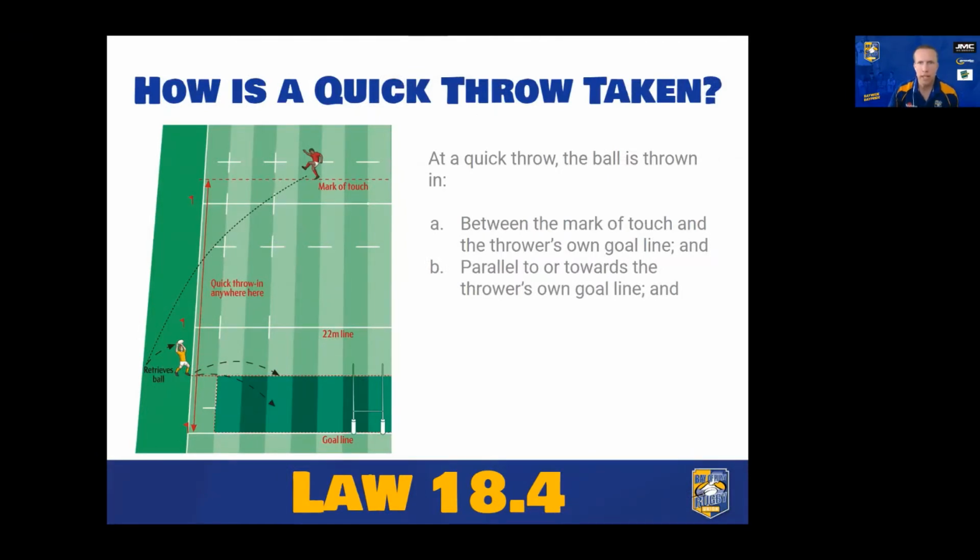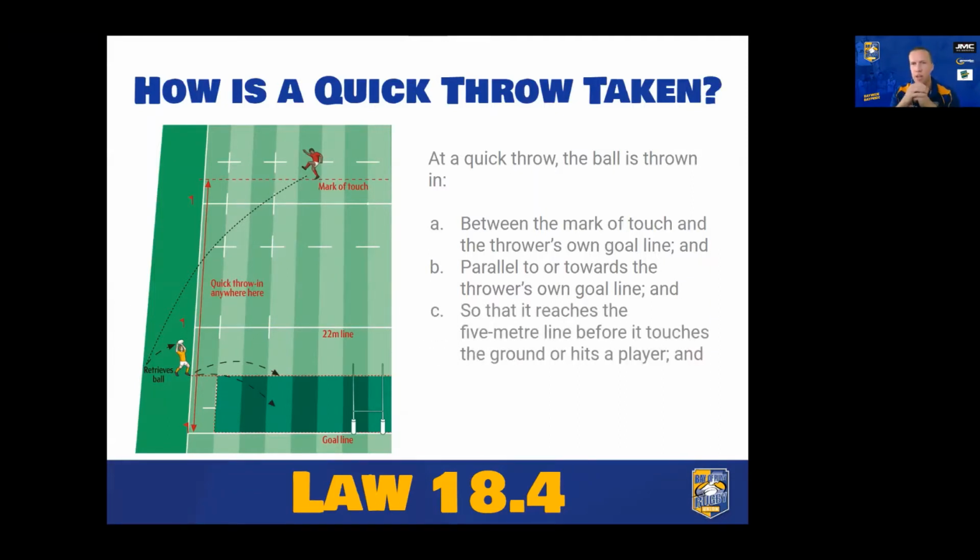So, a quick throw is taken between the mark of touch and the player's own goal line. It gets to go backwards or parallel to their own goal line as well, and travel 5 meters. So it must travel 5 meters before it hits the ground or a player. This is pretty key. This is in relation to being played at by the throwing team's own team.